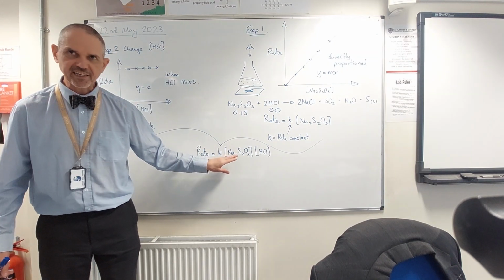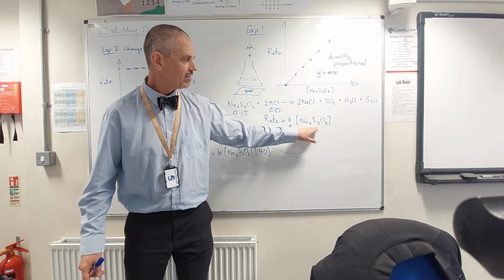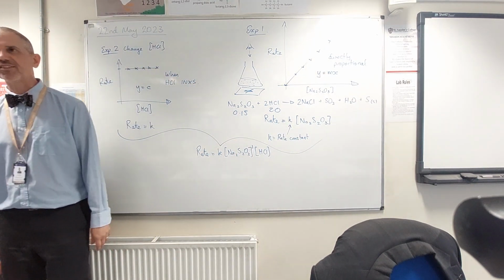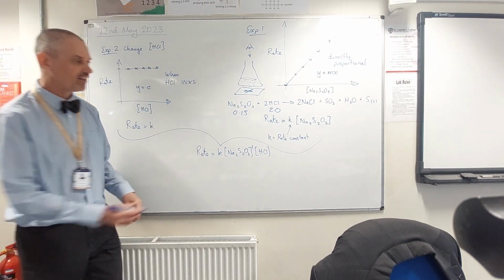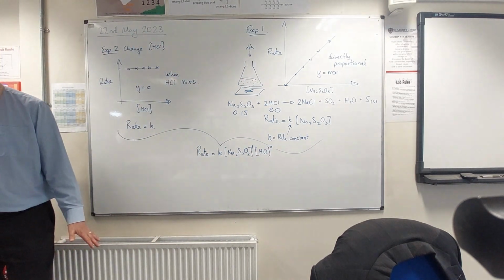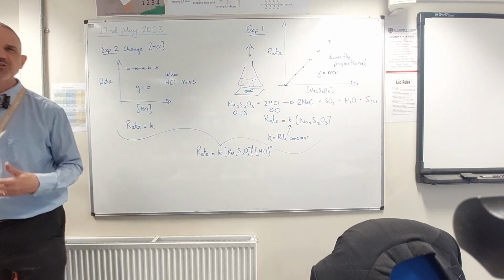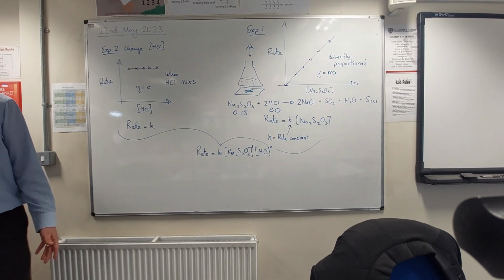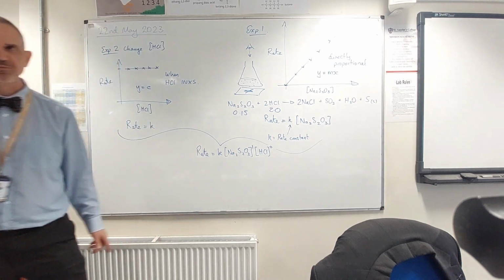The thiosulfate is going to stay there. We want the thiosulfate to be in the equation. So I'm going to raise that to the power of 1, because anything raised to the power of 1 is just itself. HCl I'm going to raise to the power of 0, because anything to the power of 0 is 1. So that means that the HCl term sort of disappears from the rate equation. I've put it there, but it's not there. It's kind of there, but not there.